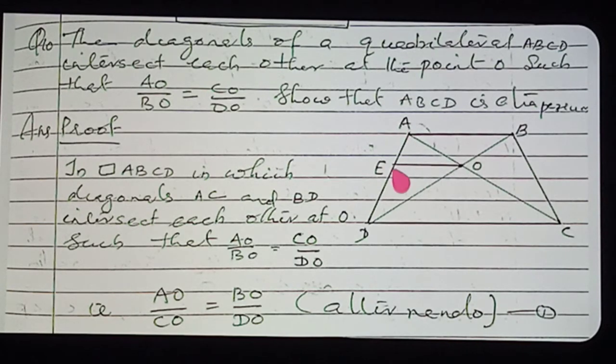Once more listen properly, AE by ED is equal to AO by OC, we proved. So this line divides the two sides in the same ratio. If this line divides the two sides in the same ratio, the meaning is that this line is parallel to the third side by converse of basic proportionality theorem.